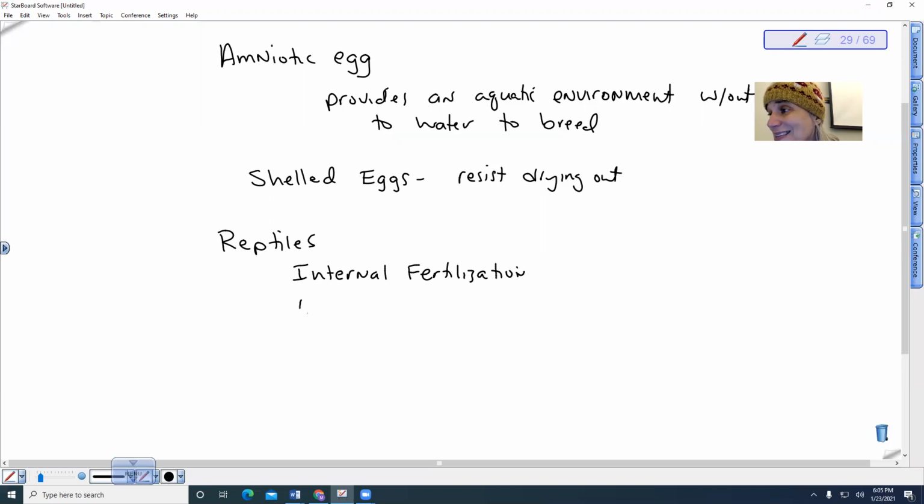And then in most cases, snakes lay eggs. In some cases, the eggs are retained in the mother's body, and then it looks like they're giving birth to live young because the eggs hatch out in the mother, but they tend to lay the eggs. And so this means that they can be much more terrestrial than the amphibians.